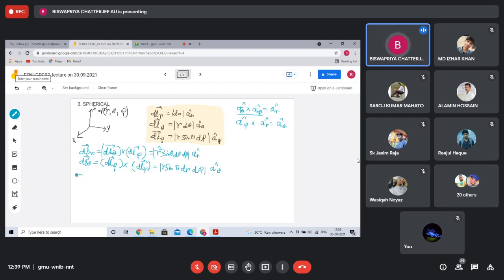And finally you have ds phi. So it will be dl r cross dl theta.